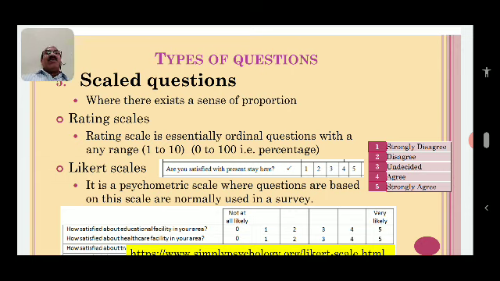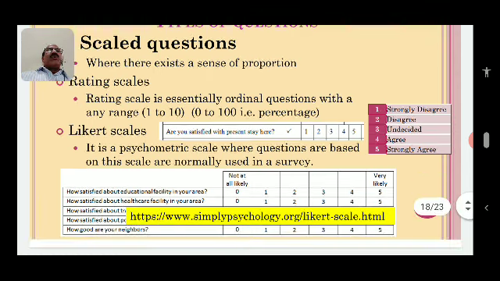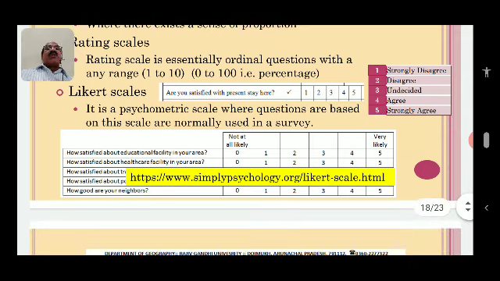That's the easier way to convert. Then another one is the Likert scale. It's basically a psychometric scale, where the questions based on this scale are normally used in a survey. Basically, satisfaction, that's basically psychological understanding.